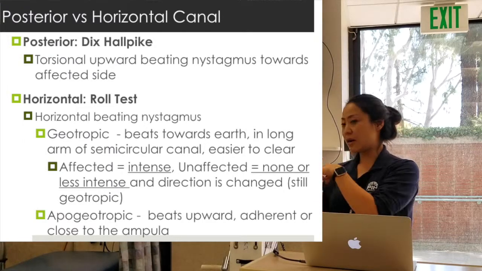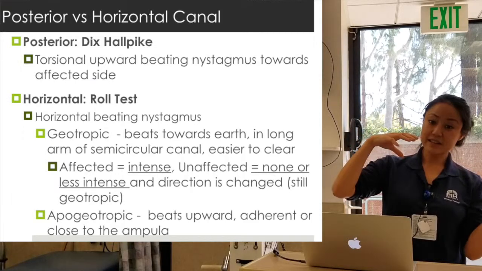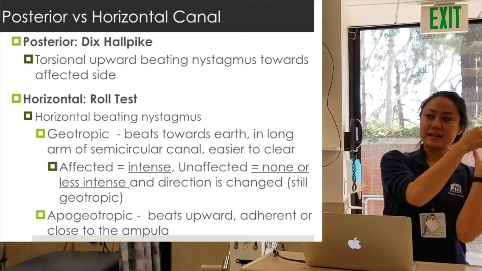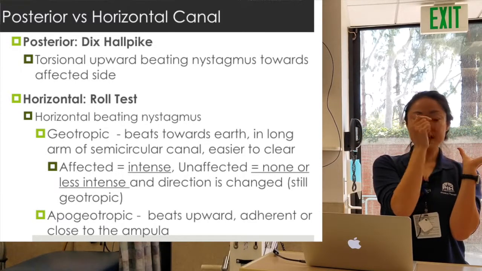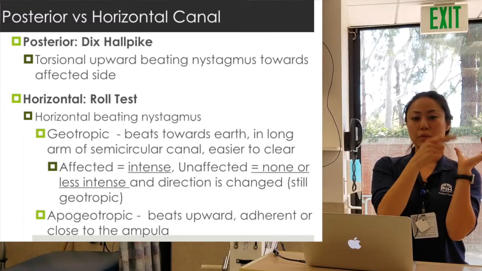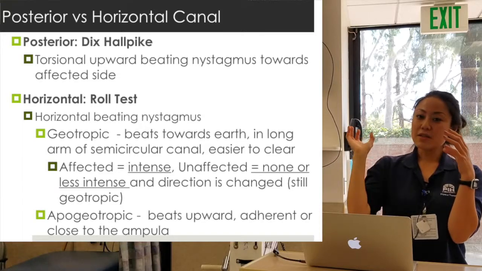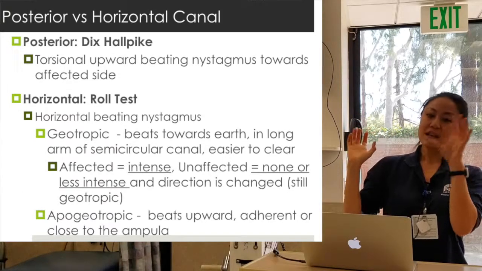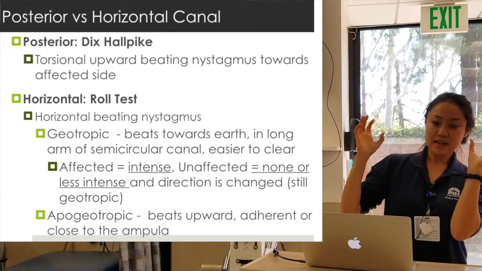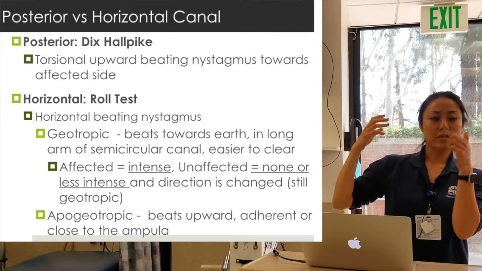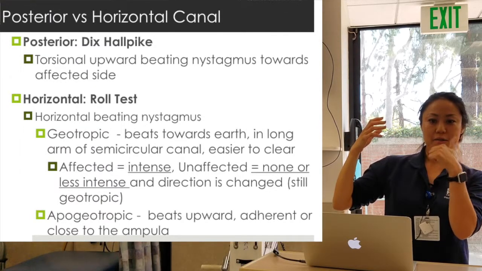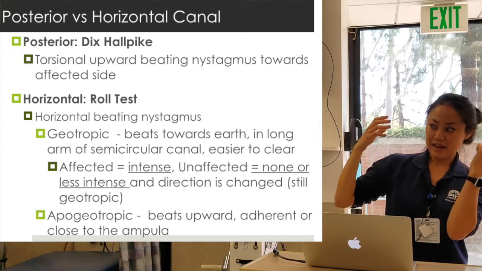But here's the tricky part. If you then test the non-affected side, because excitatory always outweighs or beats the inhibitory stimulus, even though the debris is on this side, because this one is excited and this one is inhibited, you might still see a very mild nystagmus on this side.